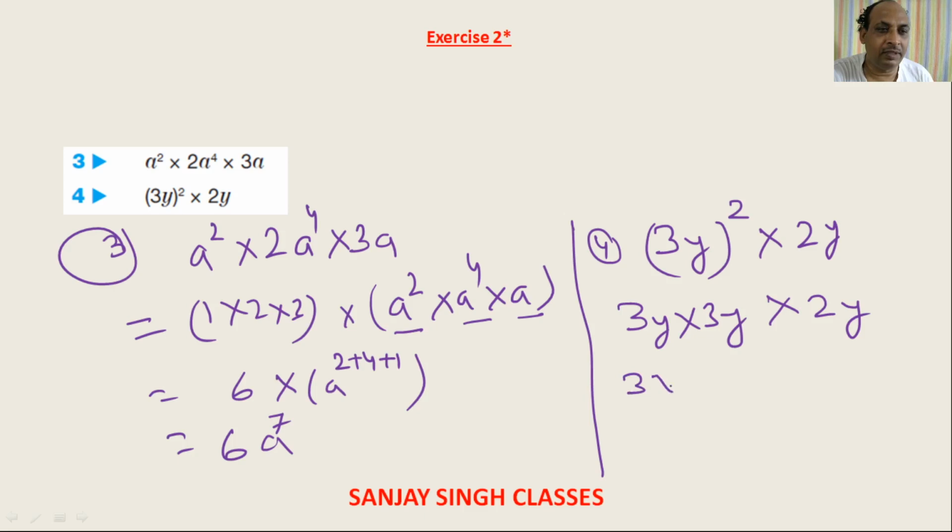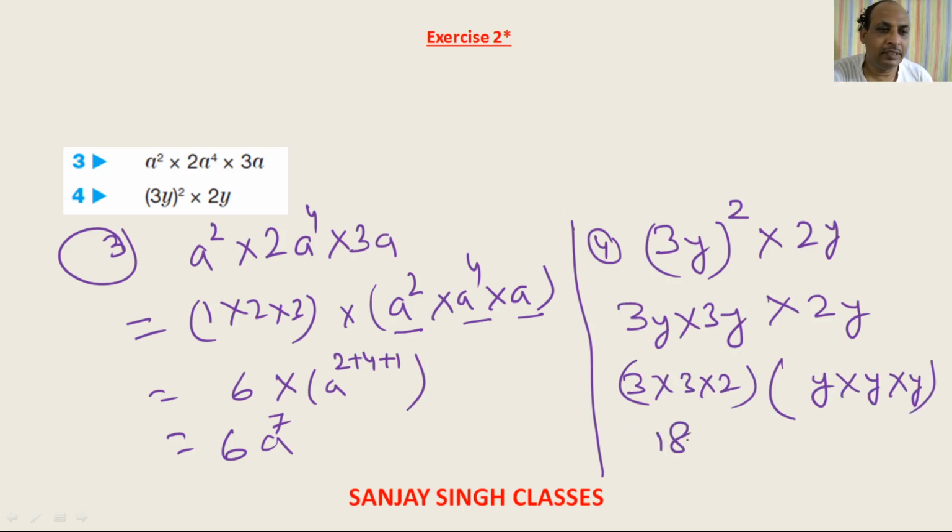So we can say 3 into 3 into 2 and then y into y into y. So 3 3 9, 9 2 18, and here it is becoming y to the power 1 plus 1 plus 1, and it is 18y to the power 3.